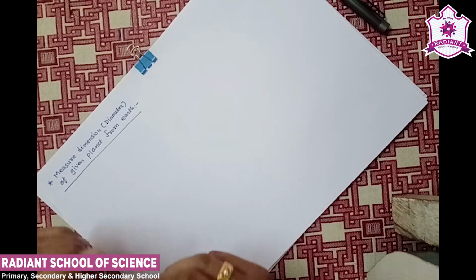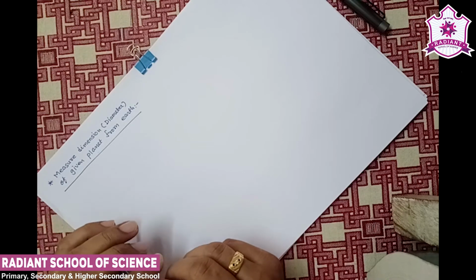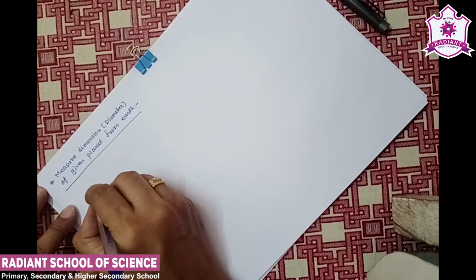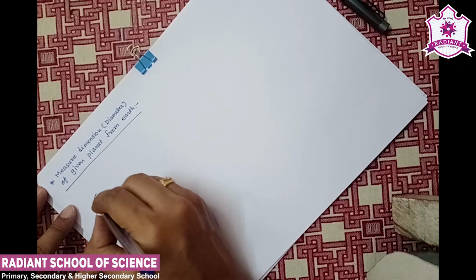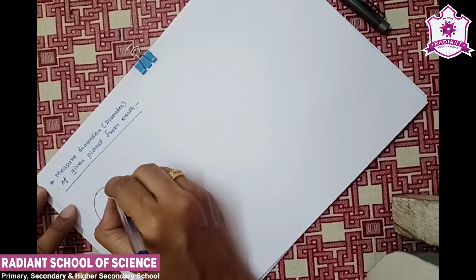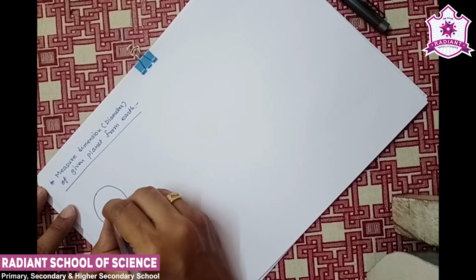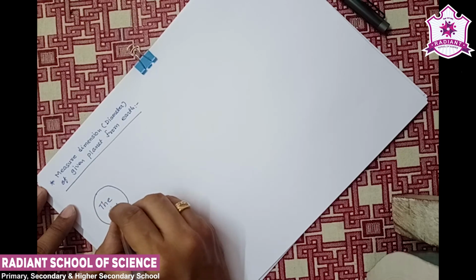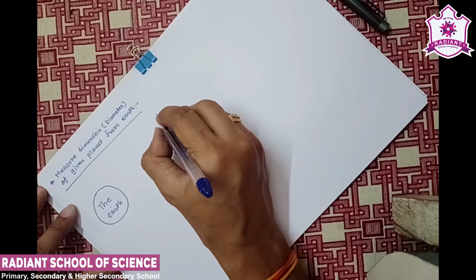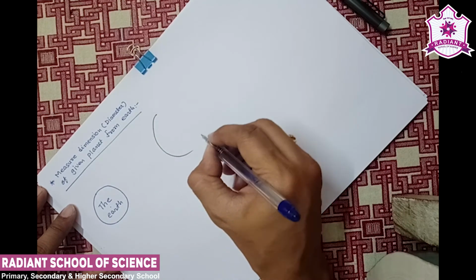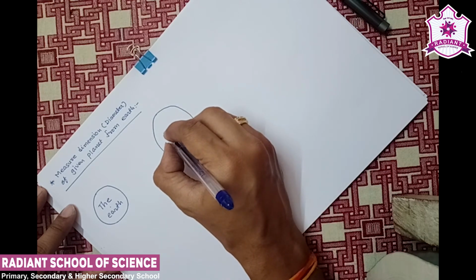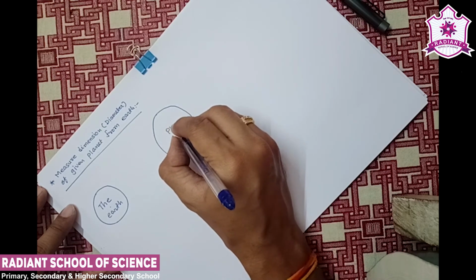Here again the situation is the same as stated earlier: suppose this is the Earth, and we have some planet P over here.